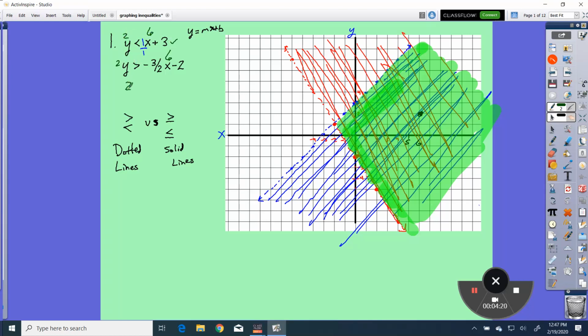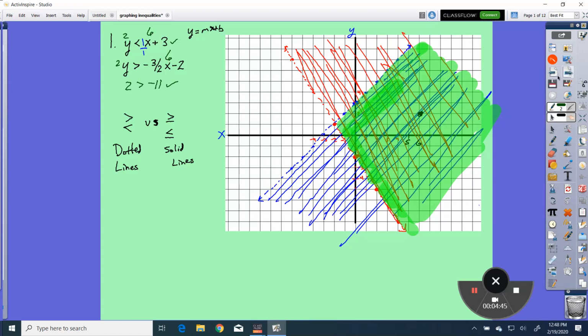If I pick a point in here, 2 is greater than, 18 divided by 2 is negative 9, 2 is greater than negative 11. Any point in this shaded region is going to work if I plug it back in for both these inequalities. So any point, I could pick any one, and it's going to work for both of them. Okay, so that's what we're finding with two inequalities, which points will work for both equations.